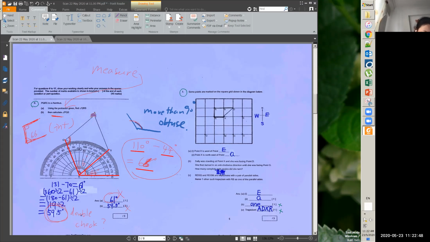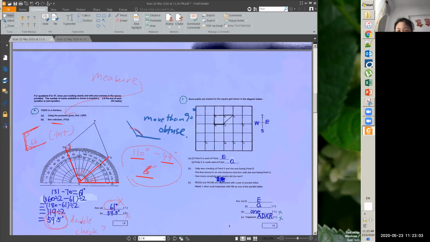And then my question to you is this angle. Let me get rid of it first. How do I get rid of this? Can I ask you, this angle, is it obtuse or acute?